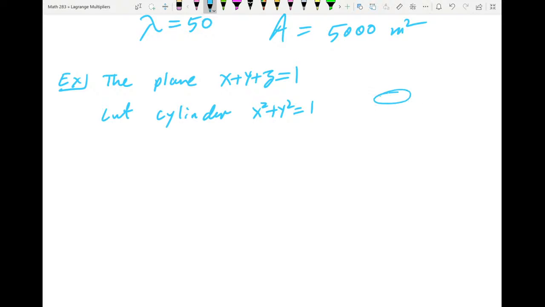So here it is. You have the cylinder right over here, and the plane kind of cuts it off in an ellipse.